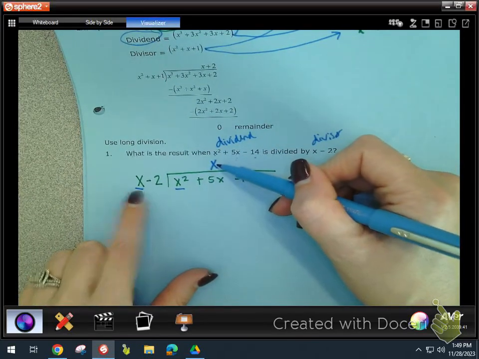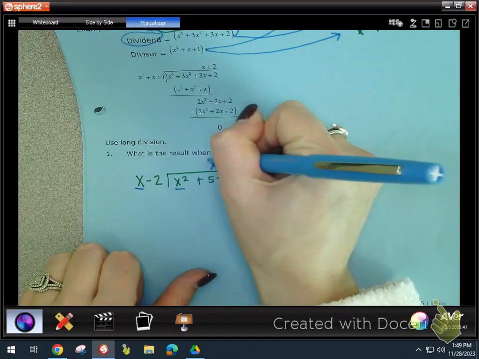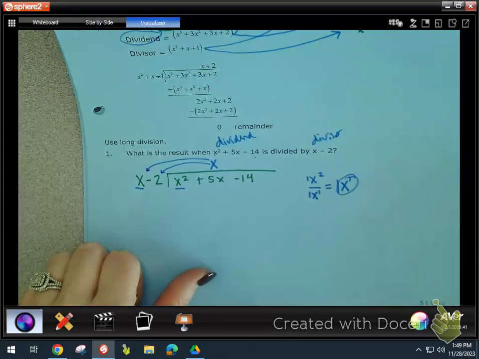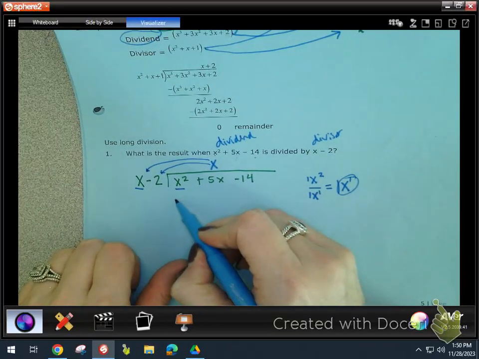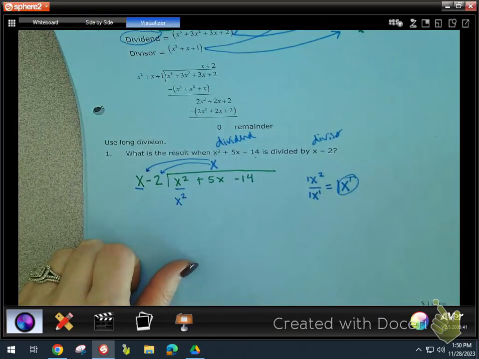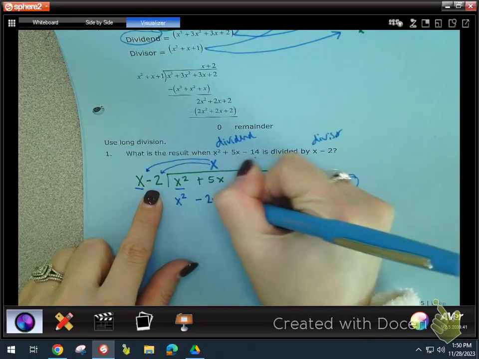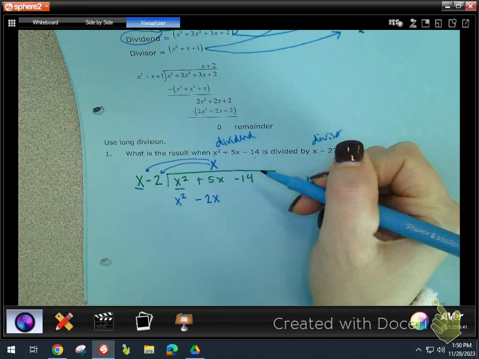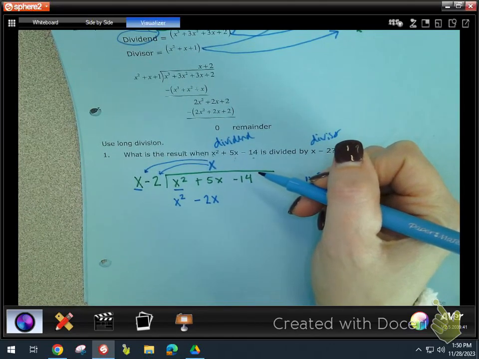Then you're going to take the guy at the top, this little mini quotient that I got over here, and he's going to multiply to all the terms of the divisor over here. So x times x is x squared. Negative 2 times x is negative 2x. Now, technically, that's a process. It's just what you do in division. You multiply it, okay?